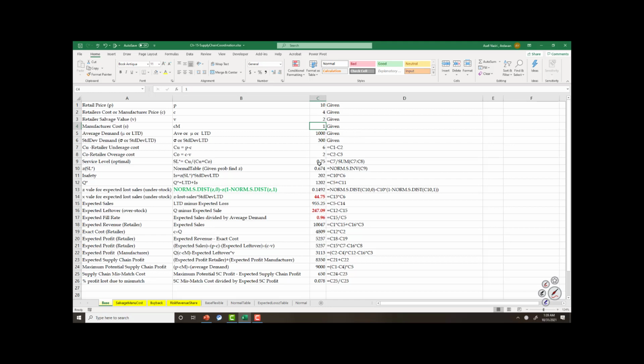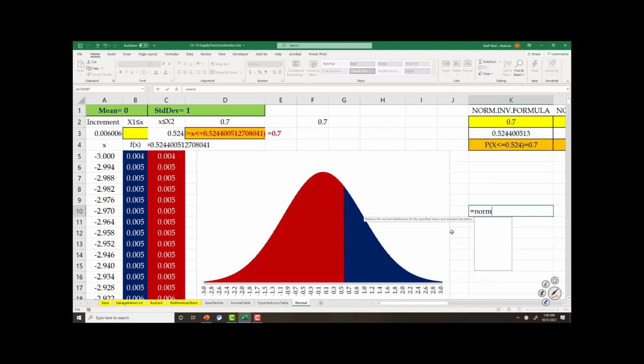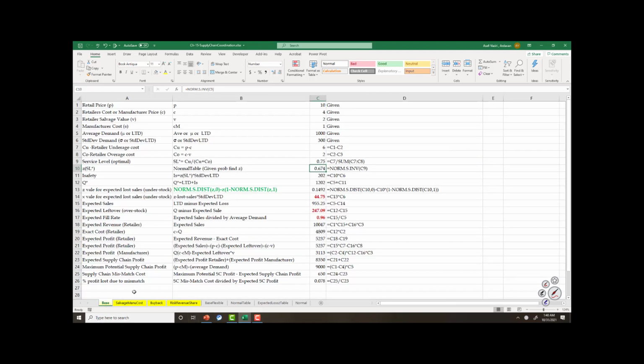In this situation, service level is 0.75. Z of normal table associated with 0.75, norm standard inverse 0.75. And that is the Z value 0.674, and that is what we have.